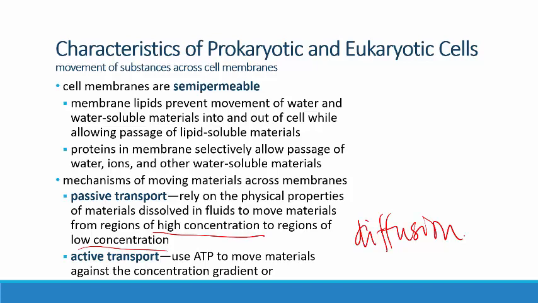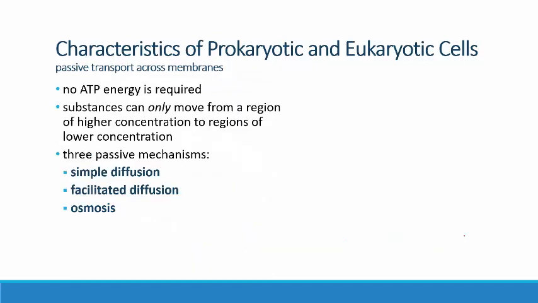Then there's also active transport, where we use ATP to move materials against the concentration gradient, from where they're in low concentration to where they are in high concentration. That's what I mean by against the concentration gradient.